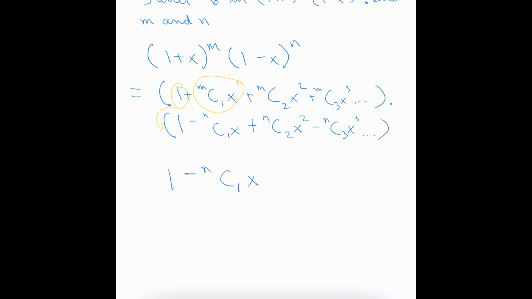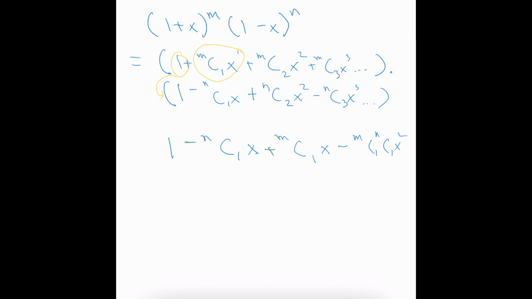So we get plus mC1 x, and if we multiply further, we get mC1 nC1 x square. We are not taking higher terms. So basically the coefficient of x in this is mC1 minus nC1.